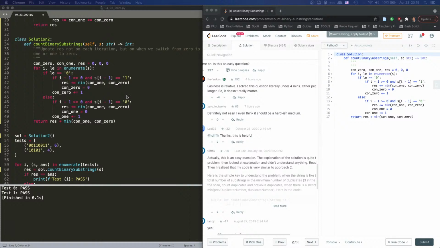Like this one, I think you need to jump through at least 2 loops. One loop is you need to figure out how to count the consecutive zeros and ones, count the groups. And the second, you need to realize we need to find the minimum of adjacent groups. So there are two loops to go through.